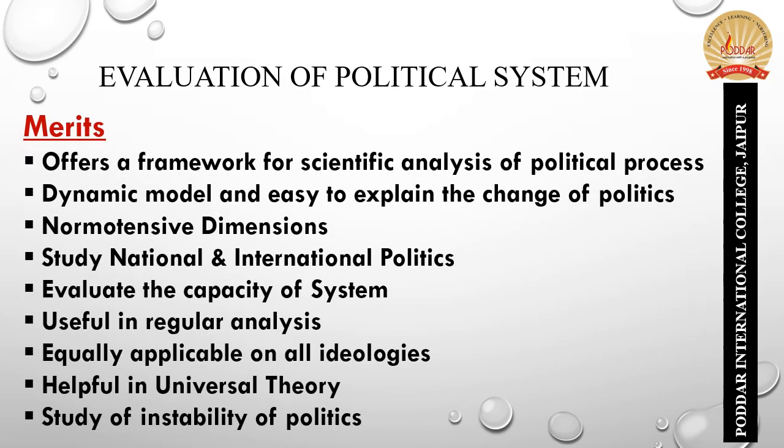The merits: it offers a framework for scientific analysis of political process, a dynamic model, easy to explain the change of politics, norm-intensive dimensions, study of national and international politics, evaluates the capacity of the system, useful in regular analysis, equally applicable on all types of ideologies, helpful in universal theory, and study of instability of politics. These are the merits of the political system approach.